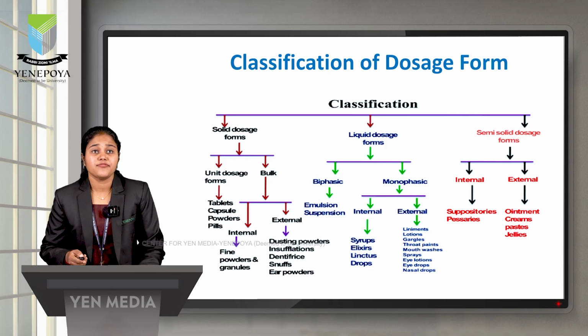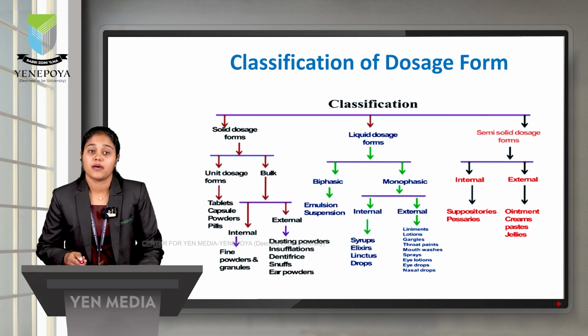These are the main classifications of dosage forms: solid dosage form, liquid dosage form and semi-solid dosage form. Under solid dosage form there is the unit dosage form, examples being tablets and capsules. There is also the bulk dosage form, which can be classified as internal bulk dosage form and external bulk dosage form.